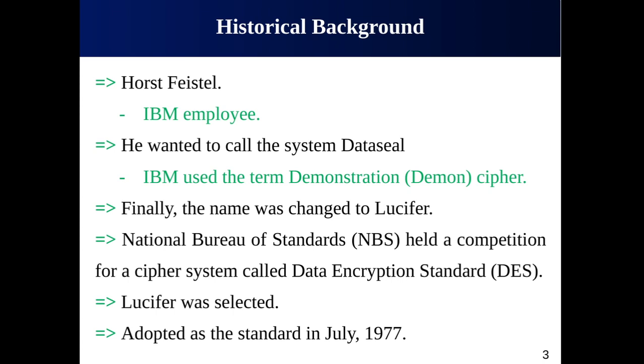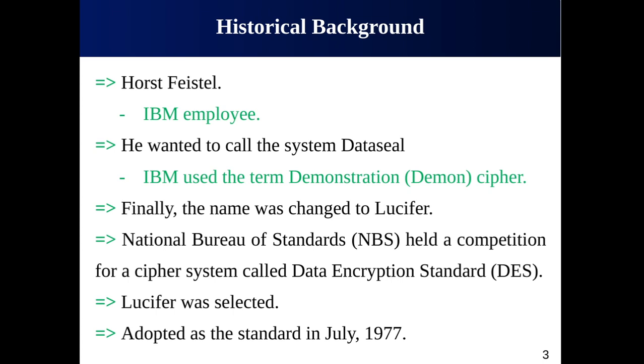The efforts for DES go back to 1973. It was the National Bureau of Standards, NBS, which is now known as NIST, the National Institute of Standards and Technology. In 1973, NBS made a call for proposals for a standard data encryption algorithm so that it could be used by federal agencies for cryptographic protection of sensitive information.